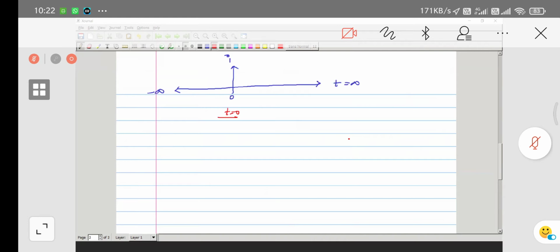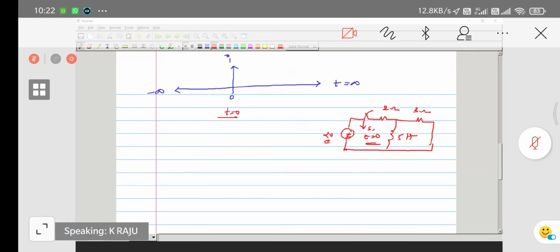For example, if you have a circuit like this: a 2 ohm resistor, a 3 ohm resistor, a capacitor, a 2 volt source, and a switch which is closed at t equal to 0 or opened at t equal to 0.